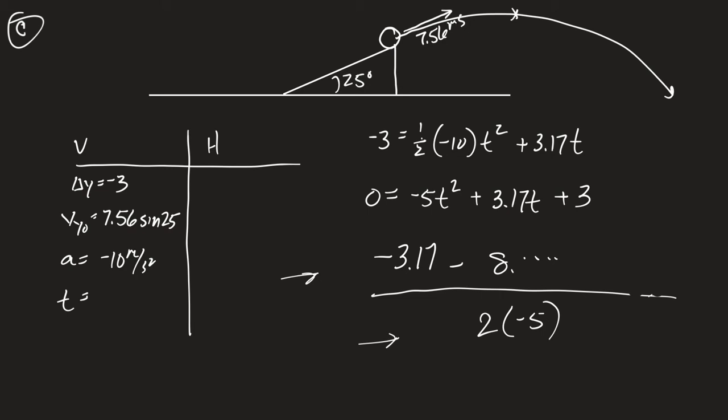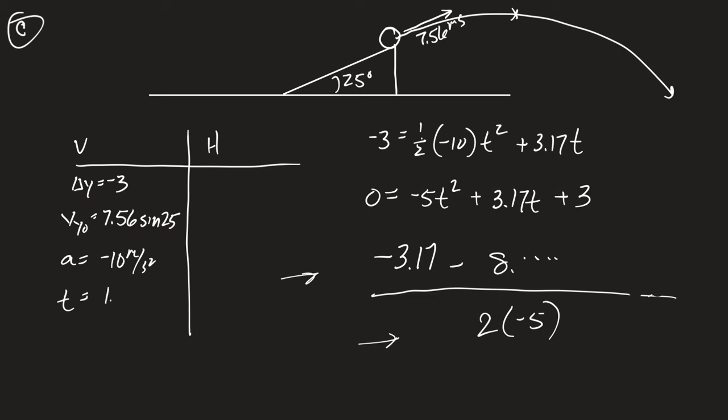I mean, just doing these pieces in your head, it's not so much. 3 minus 8 is negative 11 divided by negative 10. That's 1.1. But you guys, you trust your calculators just too much, I'm afraid. And maybe I'm wrong. Maybe you got it wrong for a different reason. But this is how it's done. All right?